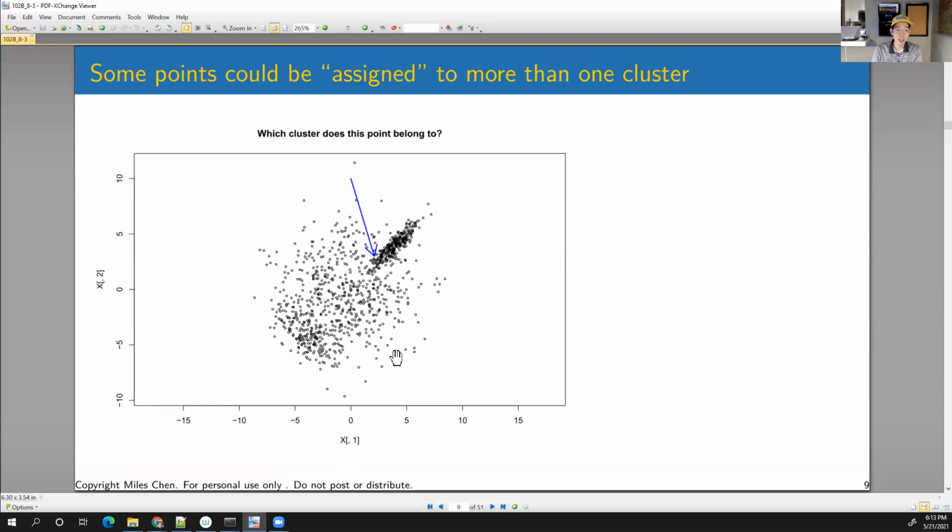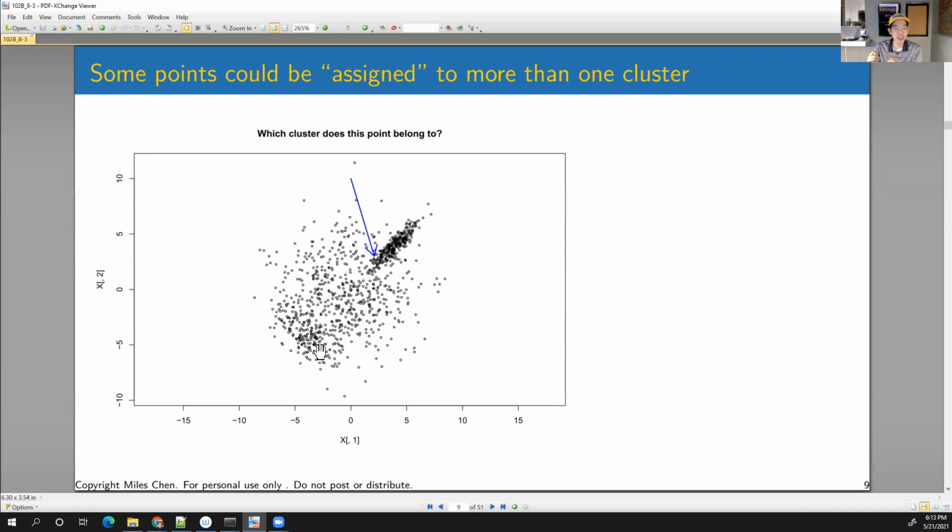Under k-means clustering, you just say this gets assigned to the nearest cluster. With the EM algorithm, we want to be a little more nuanced than that. If you told me this was part of the big cluster in the middle, I would believe you. If you told me this was part of the cluster over here, I would also believe you. Whereas if you told me it was part of this cluster, I would not believe you.